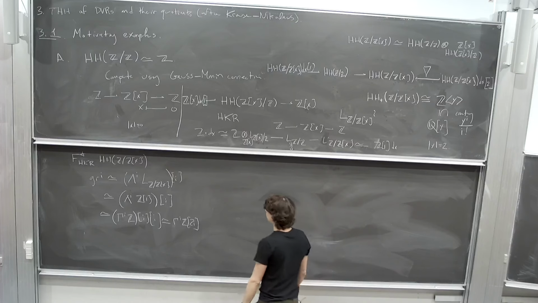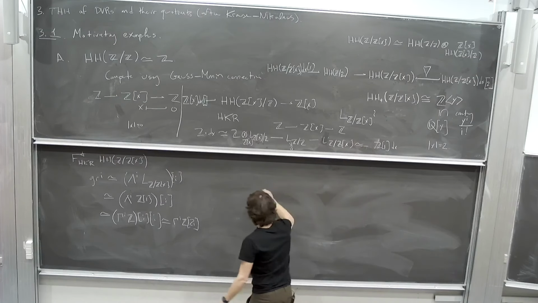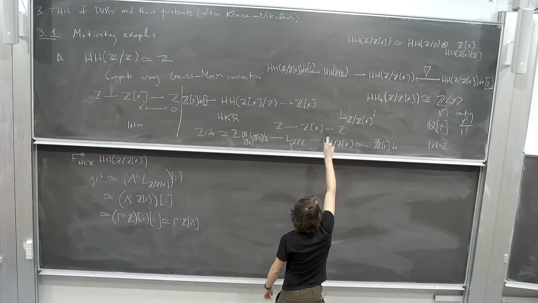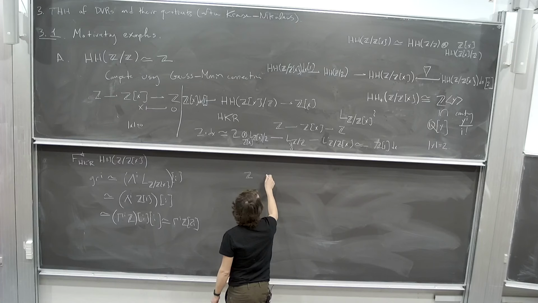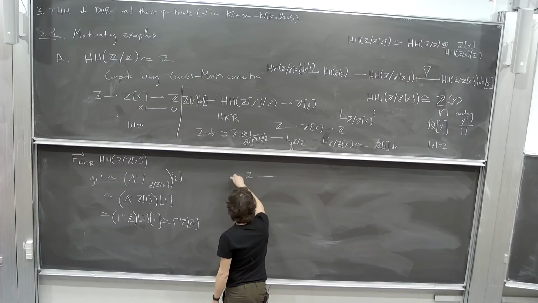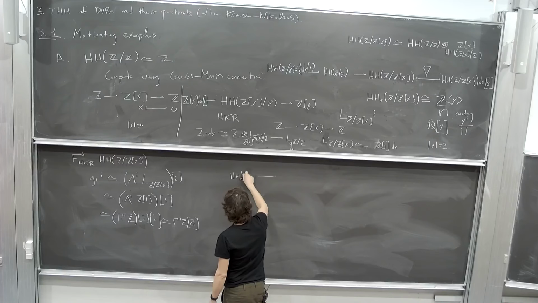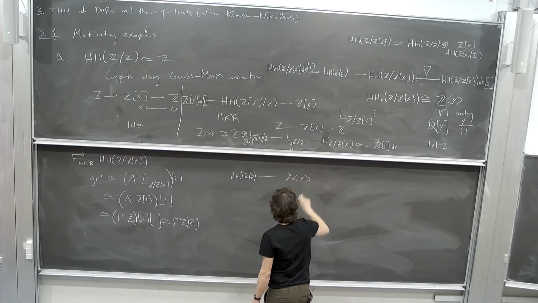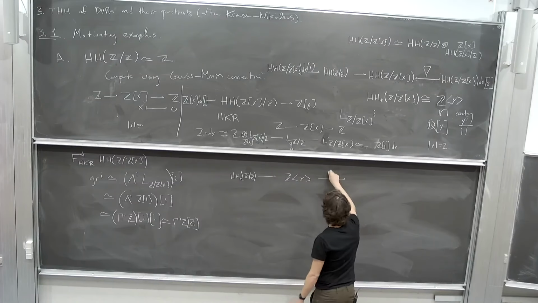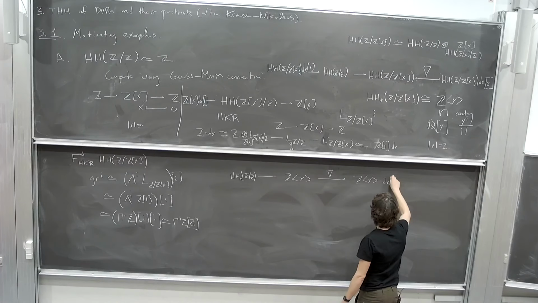So now what happens here? In this sequence, if you think about what's going to come out of this nabla map, we're going to get HC minus homology star of Z over Z, and then I have this divided power algebra on Zy, and then there's some nabla, and then I have Zy again, but shifted by 2.